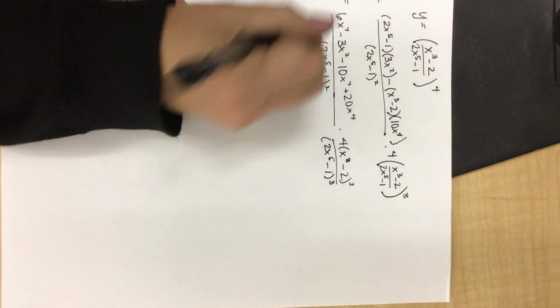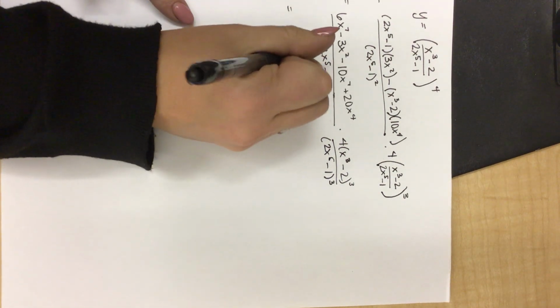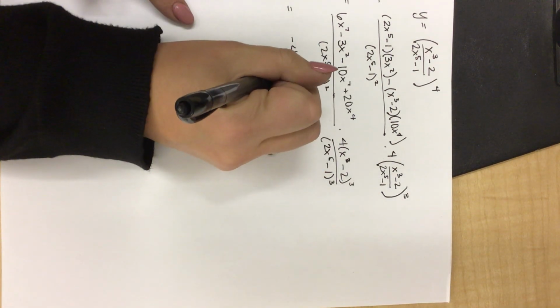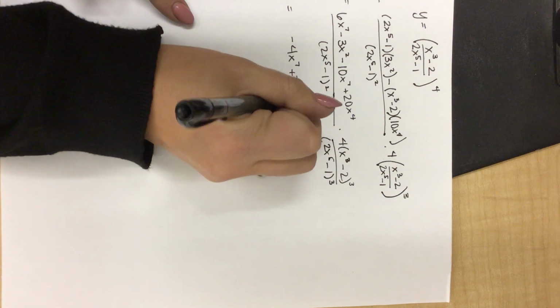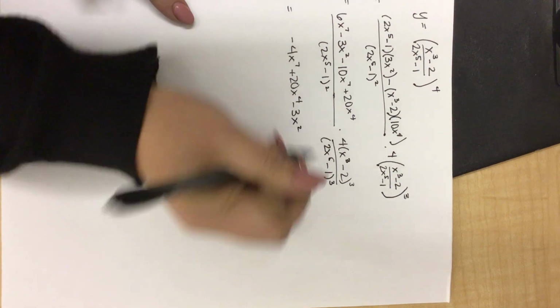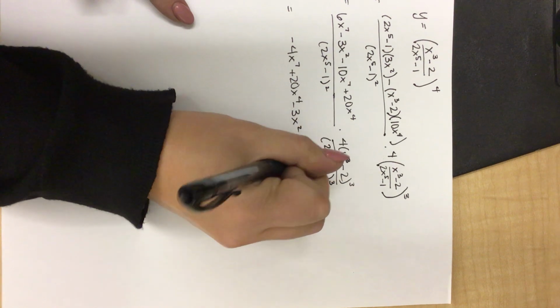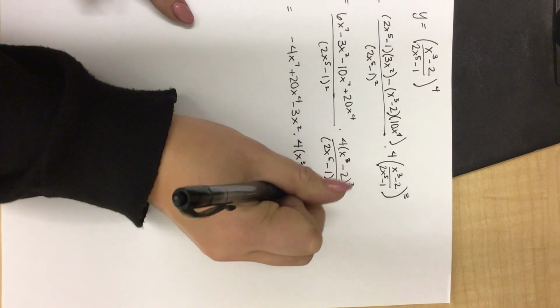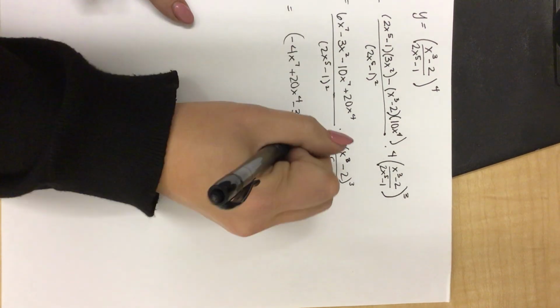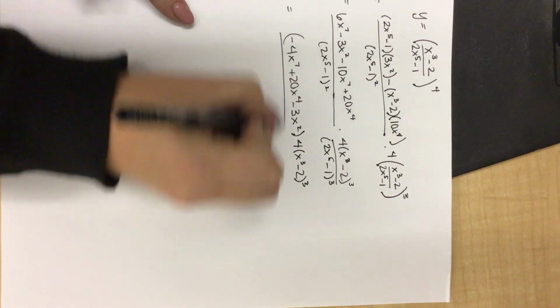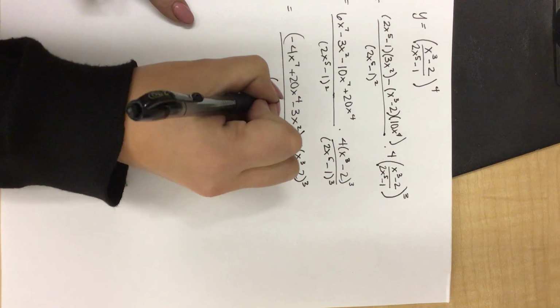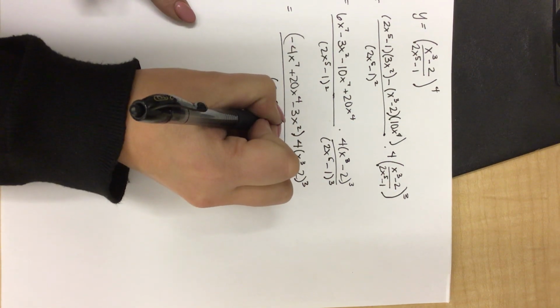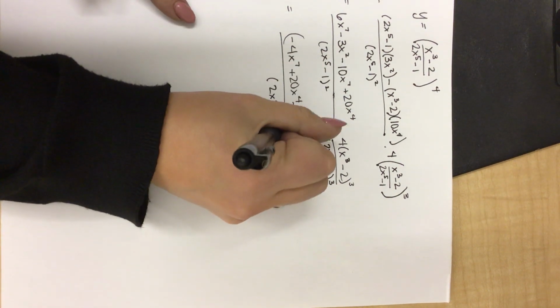Right. These combine, so negative 4x to the 7 plus 20x to the 4th. Hopefully I did it right this time. Cubed, so that becomes 5th.